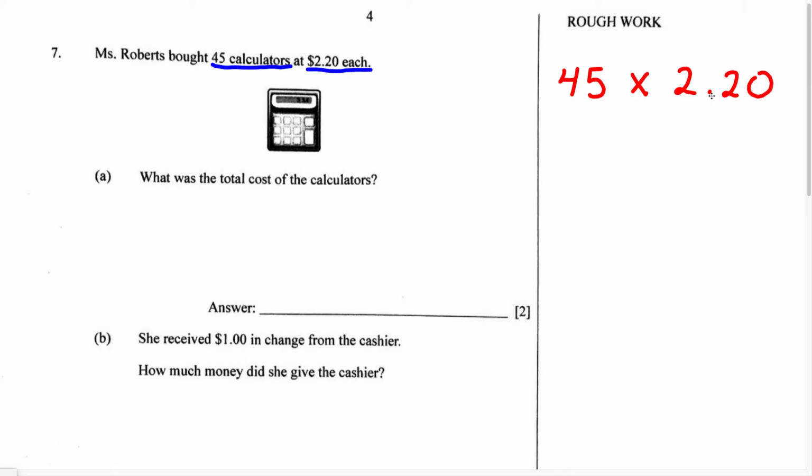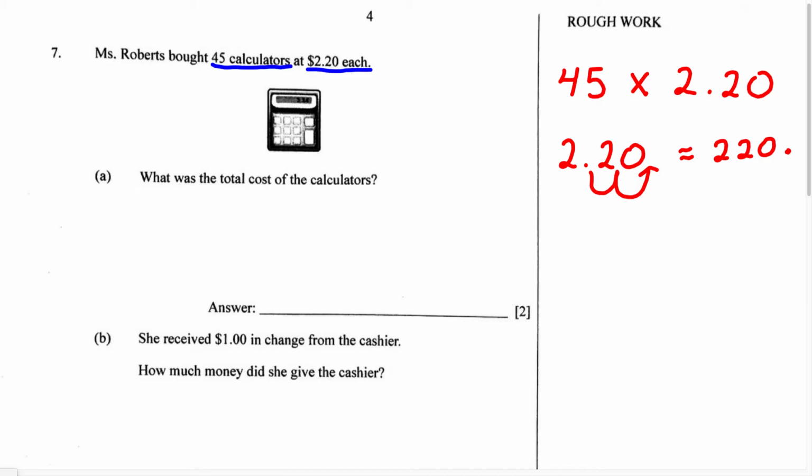Now we know all we're going to do to change this into a whole number is move the decimal point over to the right. We're going to start right here and go one smiley face, two smiley faces. Therefore, the decimal number 2.20 now is going to be written as 220, and the decimal point is going to be right here.